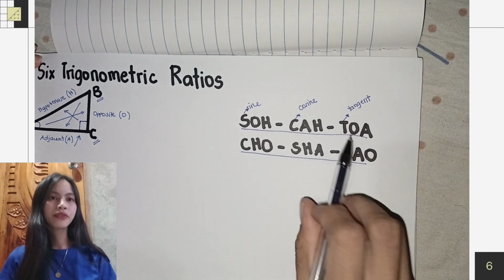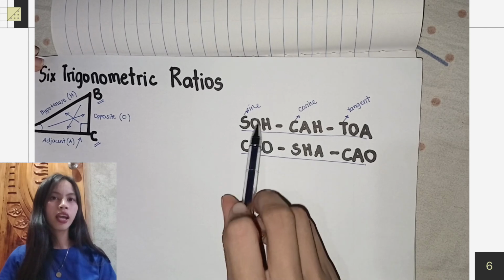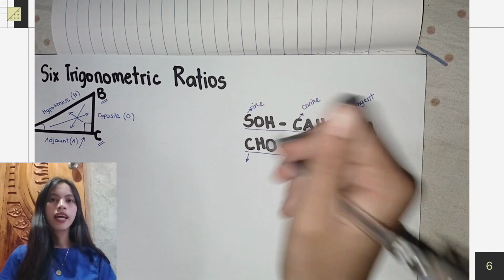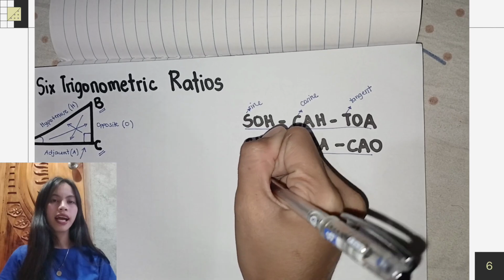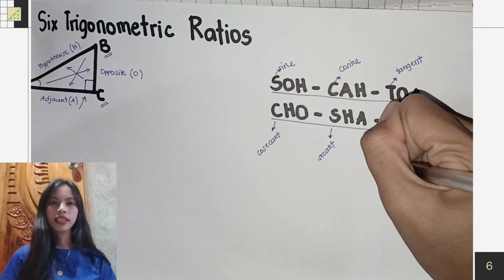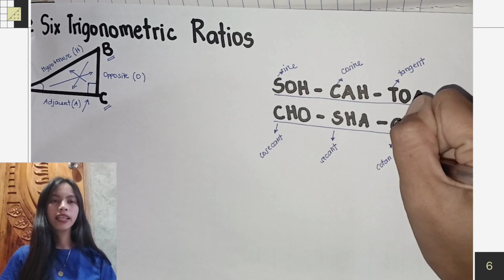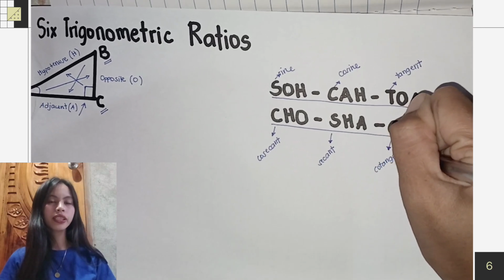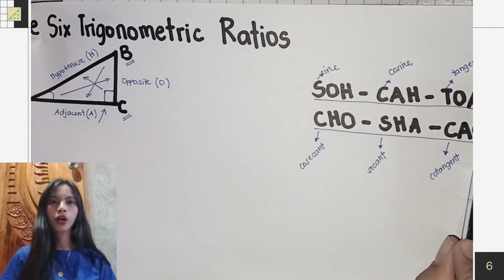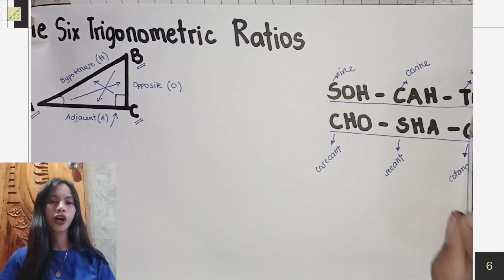T stands for tangent, and the O and A for opposite and adjacent. Then C for cosecant, and the H and O are the hypotenuse and opposite. S for secant, and the H and A are the hypotenuse and adjacent. And C for cotangent, and the A and O are the adjacent and opposite.